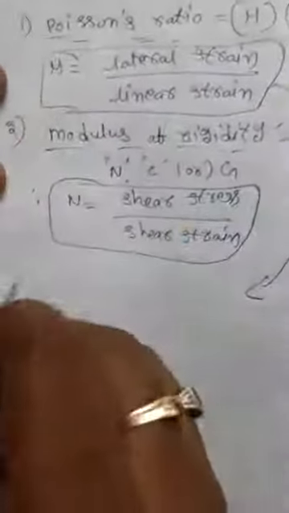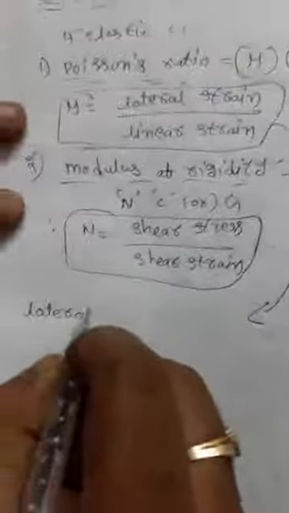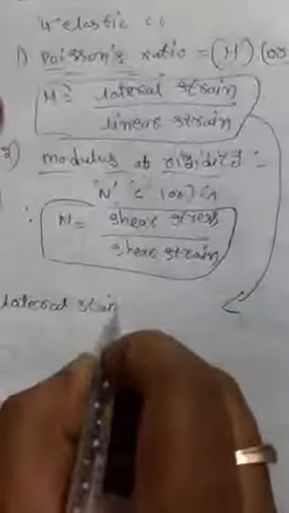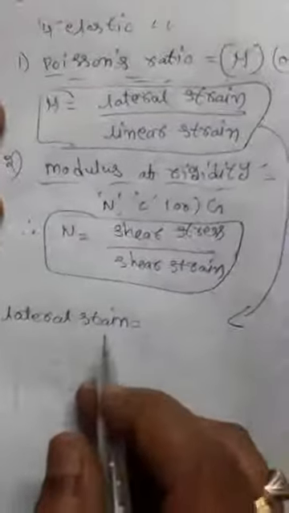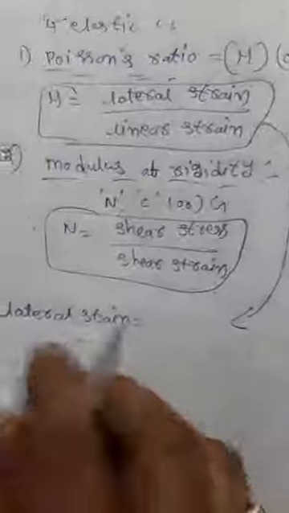Let me remember that from Poisson's ratio, the formula of lateral strain. Strain is nothing but change in dimensions by original dimensions.